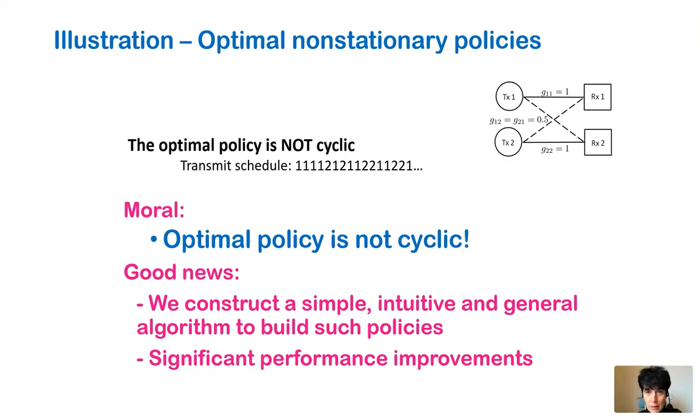So what we do is we develop optimal non-stationary policies. And we actually show that the optimal policies are not cyclic. But the good news is that we can construct simple, intuitive, and general algorithms to build such policies. And this leads to significant improvements.